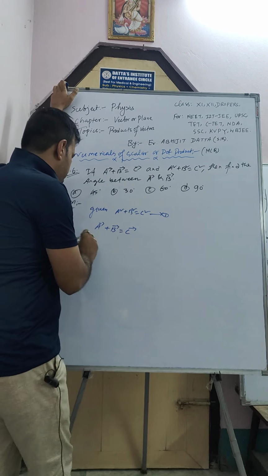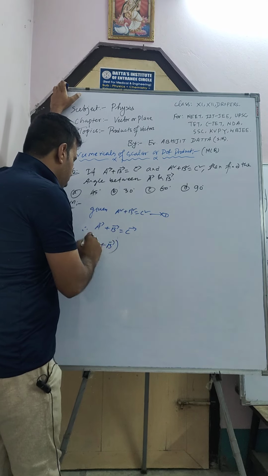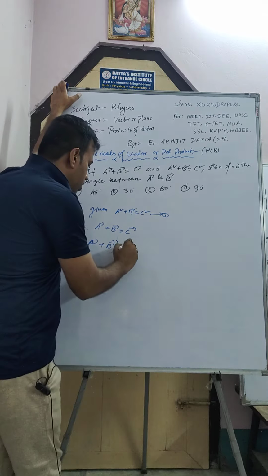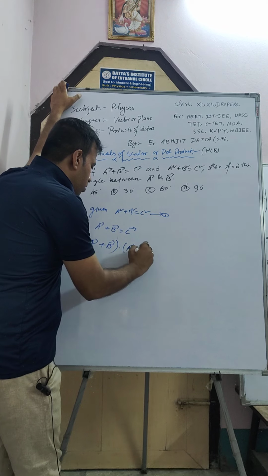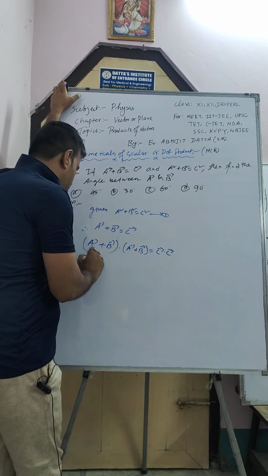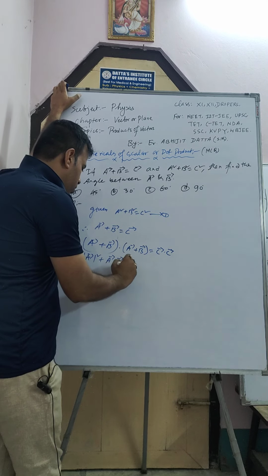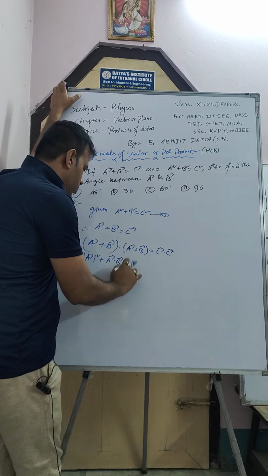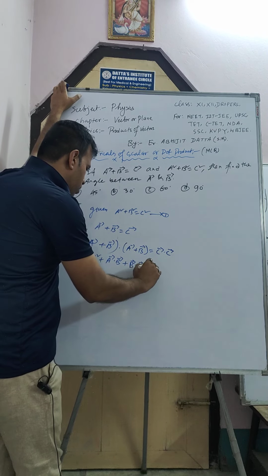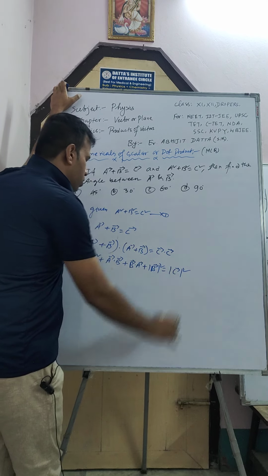I am doing the dot product of this equation with itself. That is mod A square plus A dot B plus B dot A plus mod B square equals mod C square.